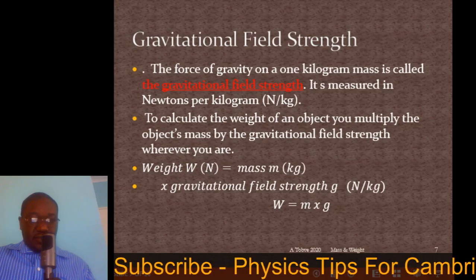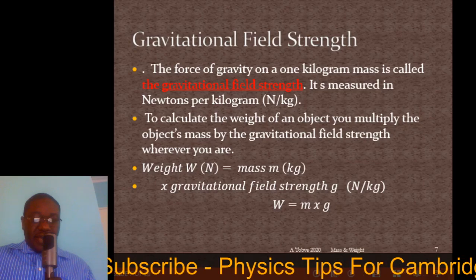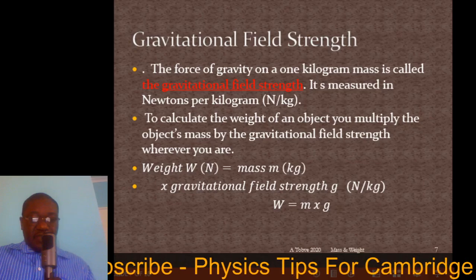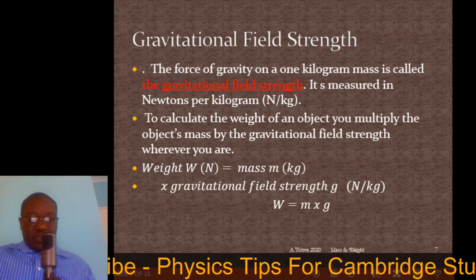To calculate the weight of an object, you simply multiply the mass and the gravitational field strength. So W is equal to mass times gravitational field strength. W being measured in newtons, mass being measured in kgs, and gravitational field strength measured in newtons per kg. So in short, you just say W is equal to mg.